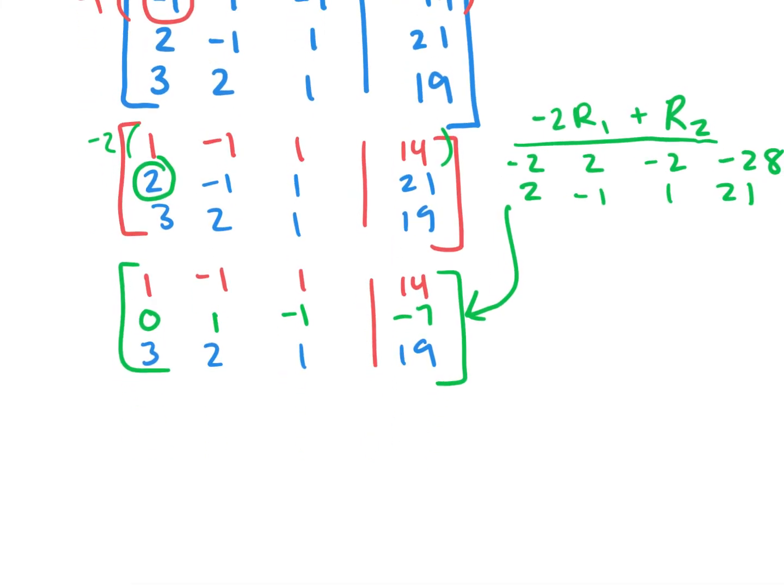So I have to now move on to this spot. So what can I do to make this 3 a 0? Multiply the first one by -3 and add. Perfect. Multiply -3 times row 1 and add it to row 3.